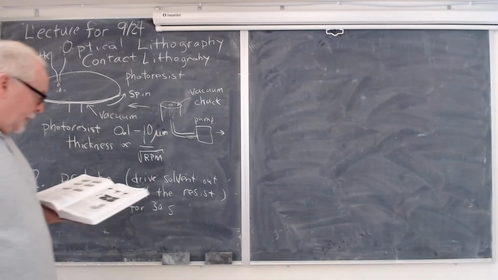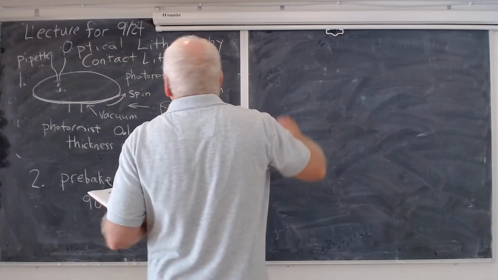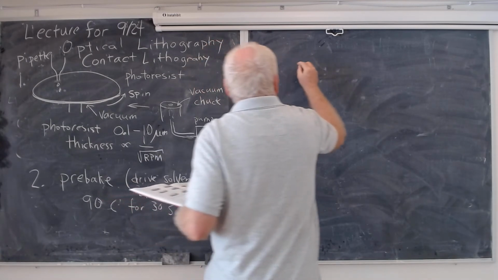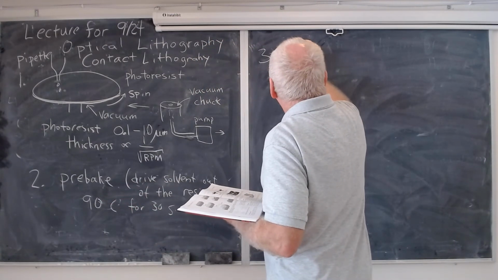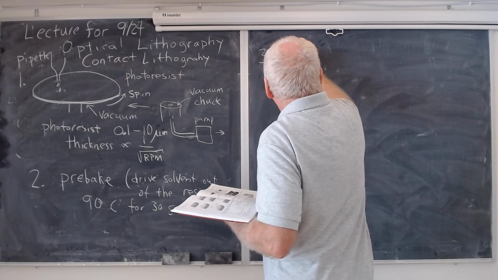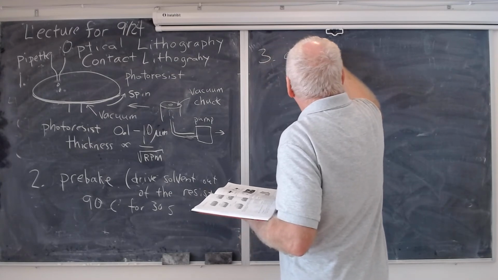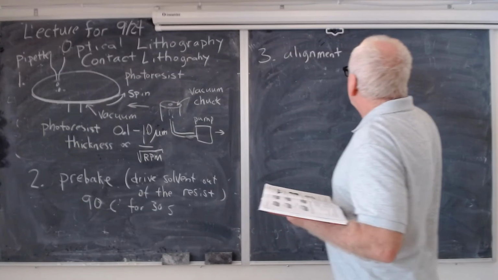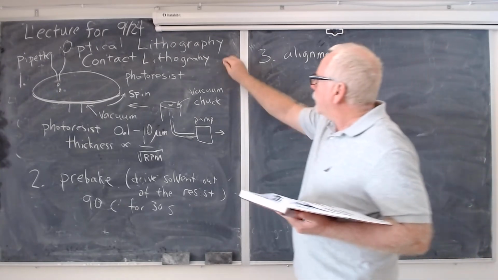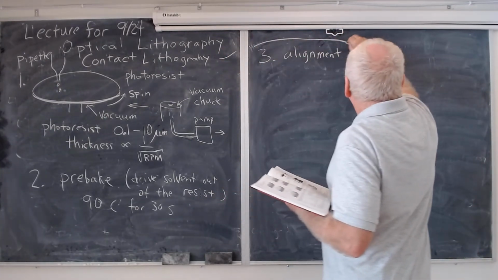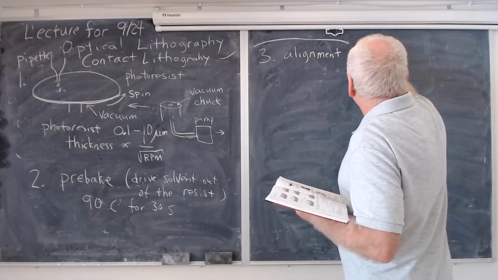Okay, and so the next step is you do your alignment. And remember, this is contact lithography, and so this is done in a mask aligner.